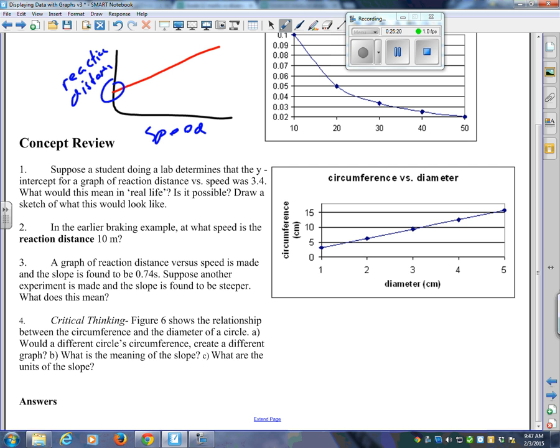What would this mean in real life? That would mean that if the speed was 0, the reaction distance was 3.4. In other words, I'm driving down the road at 0 meters per second and I require 3.4 meters to stop. Does that make any sense? You're teleporting. Apparently, I still need a stopping distance even though I'm going 0.